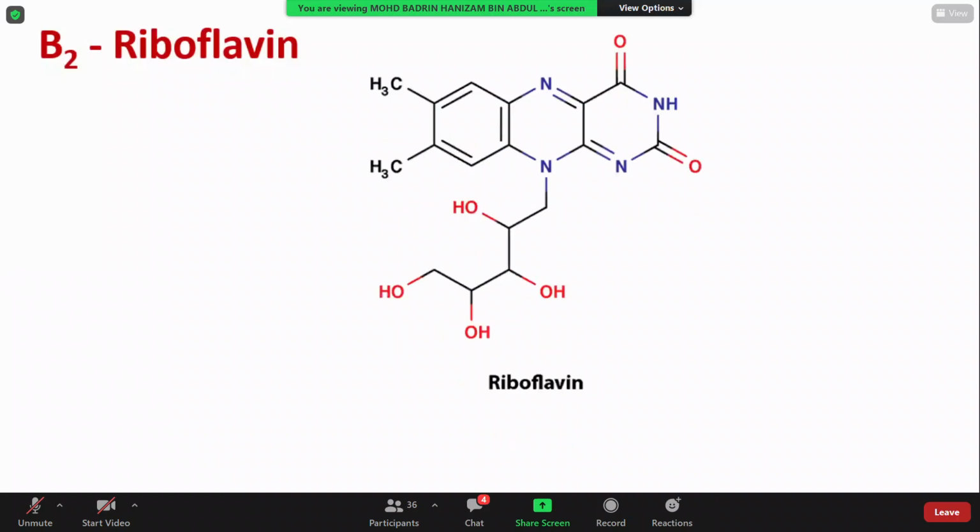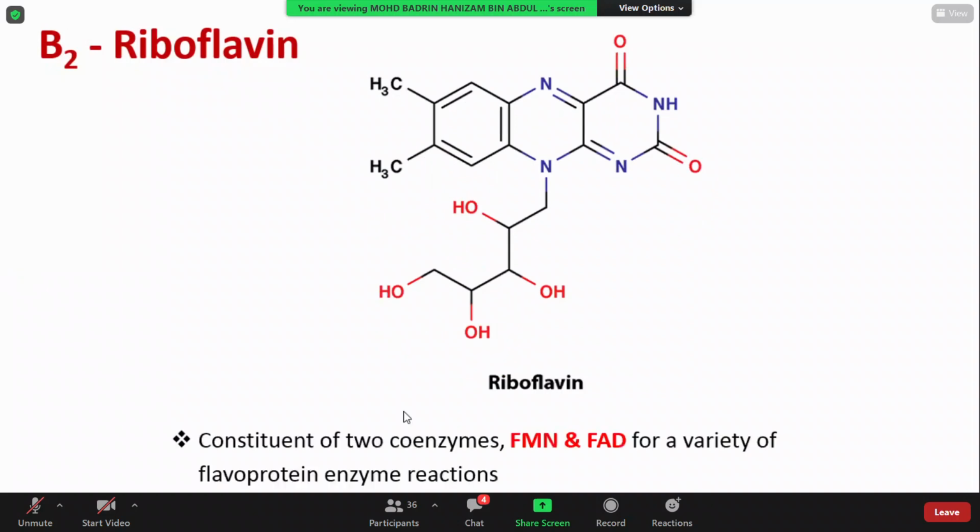All right, vitamin B2 or riboflavin. This is the structure of riboflavin, a constituent of two coenzymes, FMN and FAD. You can memorize about the electron transport chain now, where you can see FAD and FMN.